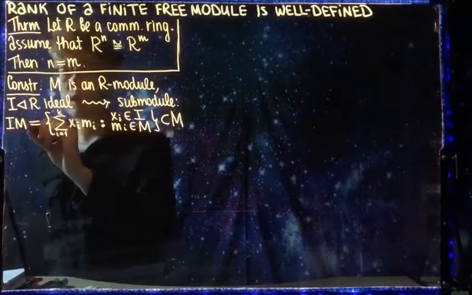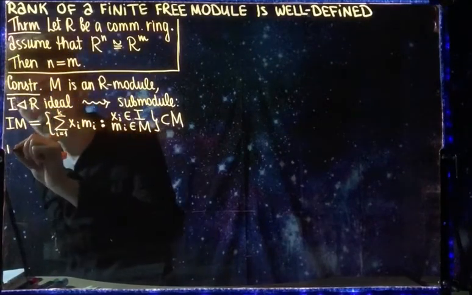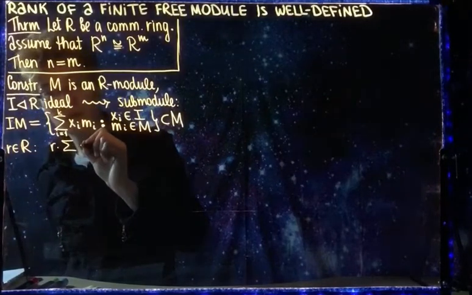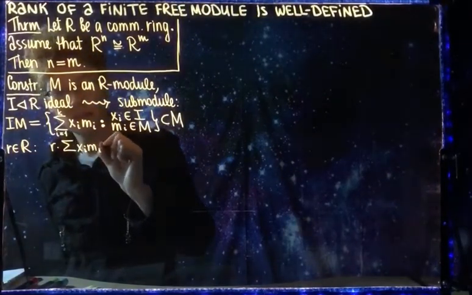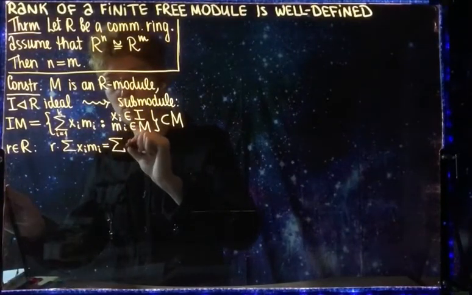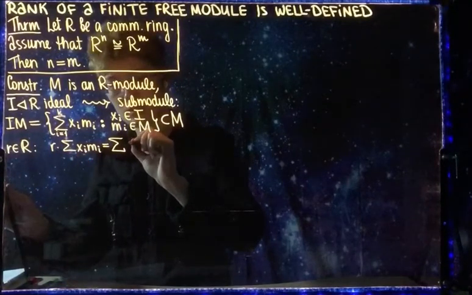And if we multiply any element of this form by an element of the ring, or r times the sum of xi mi, then I can use distributivity to multiply every summand by r.